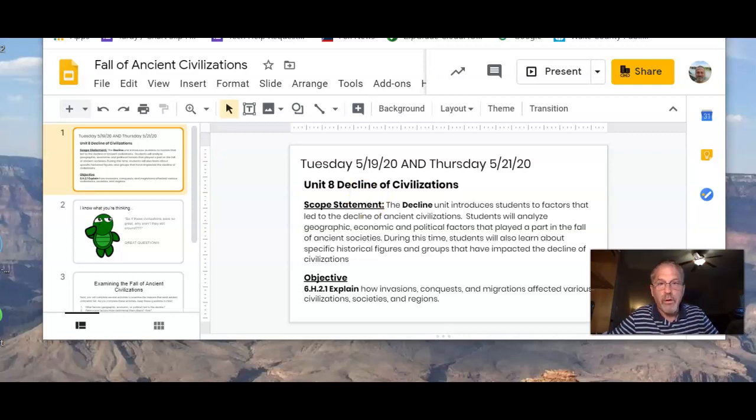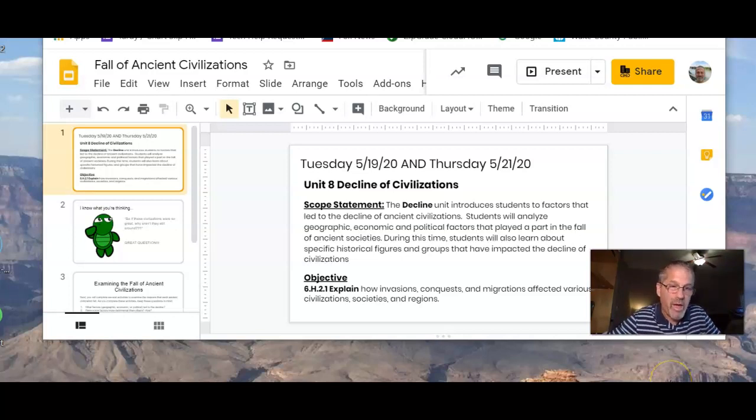Now, the 3 things there: geographic, economic, and political factors. When you think about geographic, it's like, they were located in a part of the world that had something happening that made it more complicated for them to survive. Whether it was growing food, or something related to volcanoes.